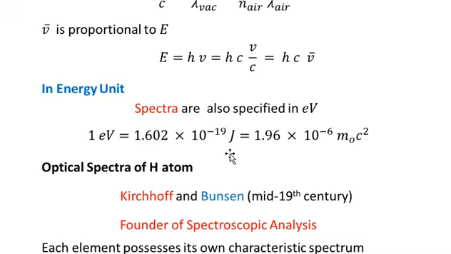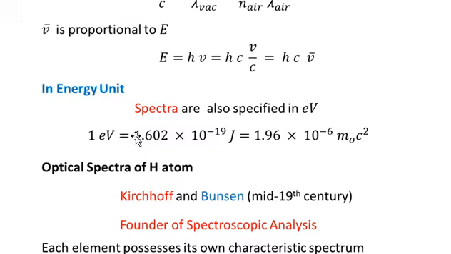Specifying these two values, 1.6 multiplied by 10 to the power minus 19 is divided by the value of m naught and by the value of c square. Then you get this quantity, 1.96 times 10 to the power minus 6, expressed in units of m naught c square.